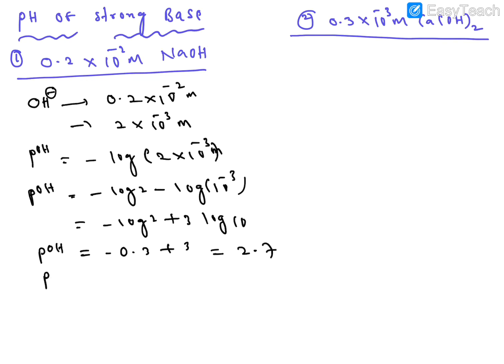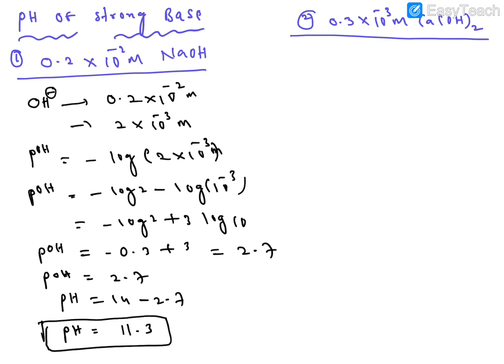So the pOH value is 2.7. We know that the pH is equal to 14 minus whatever the pOH value, that is minus 2.7. So what will we get here, the pH is equal to 11.3.